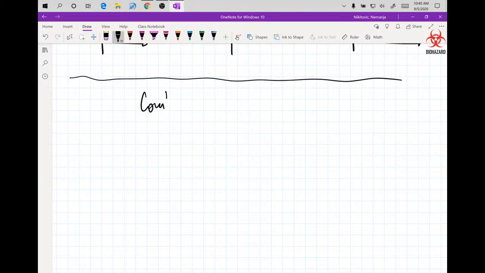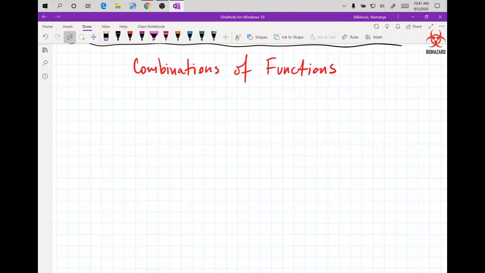All right, now, combinations of functions. This is a biggie. Maybe I should write this in blood. It's important. So, functions give you a number, right? Remember how we plugged in whatever value and we got, I believe, 13 or whatever?